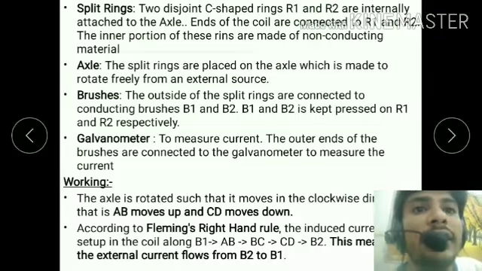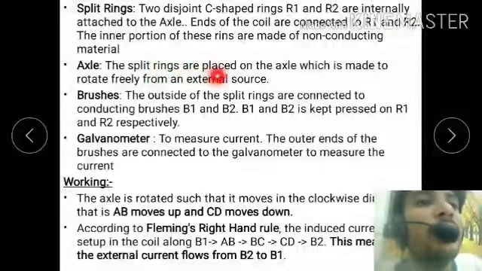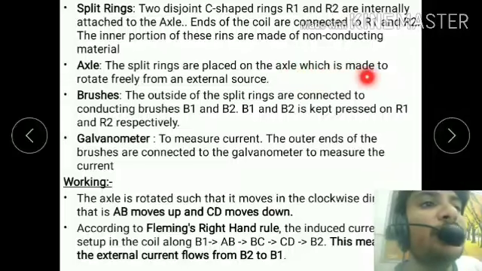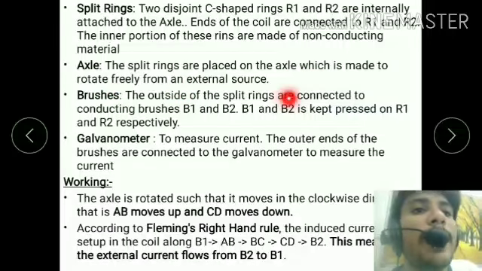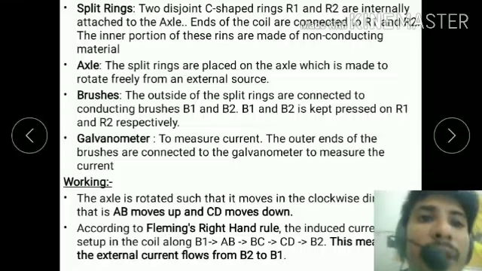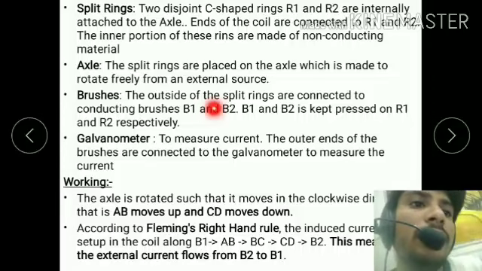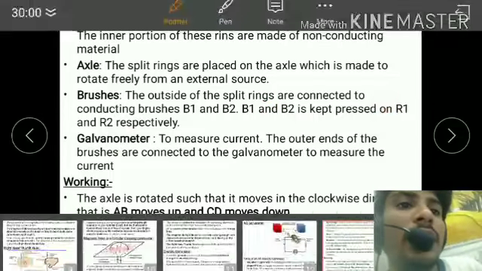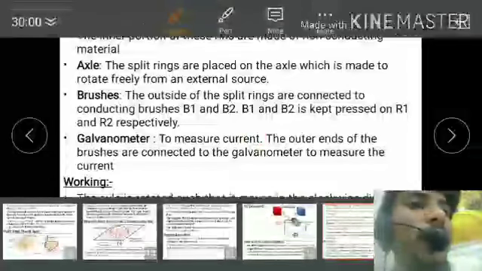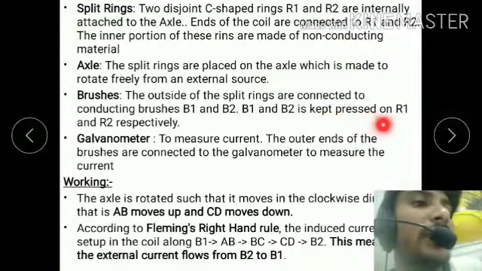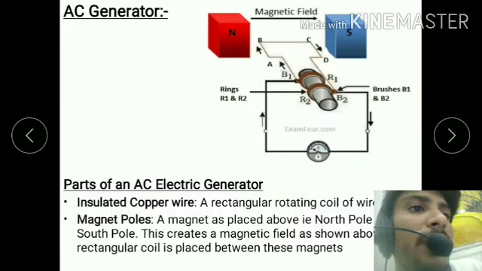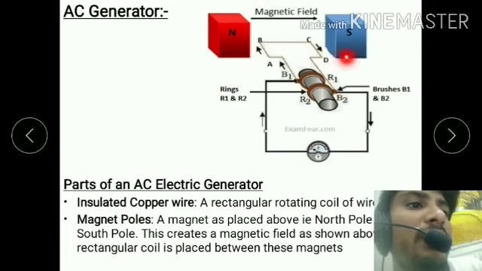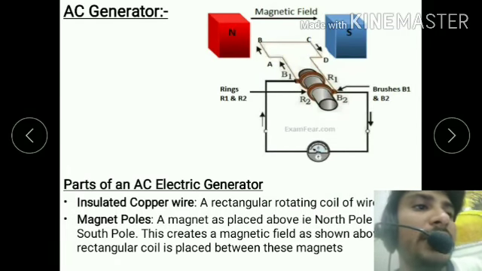Then axle. The split rings are placed on the axle, which is made to rotate freely by an external source. Next, brush. The outside of the split rings are connected to the conducting brushes B1 and B2, and B1 and B2 are kept pressed on R1 and R2 respectively. This is the brush.